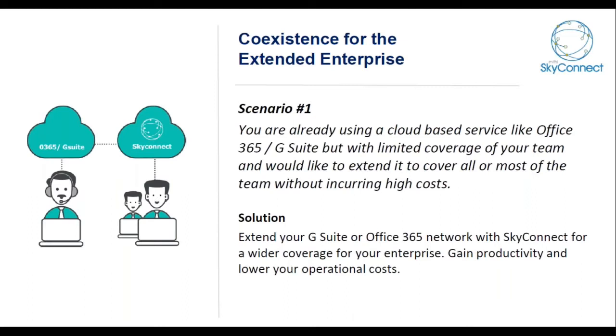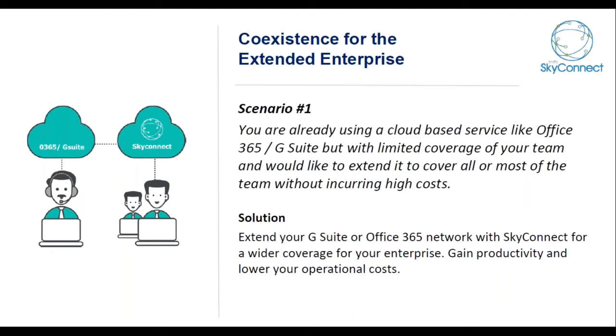One of the options that we provide is that if you already have an existing solution and you need to extend that, we can coexist with your current solution. For example, if you are using G Suite or O365 and you need to increase the number of licenses, we can coexist. So you need not really invest in a more expensive solution. You can have SkyConnect working side by side on the same domain.